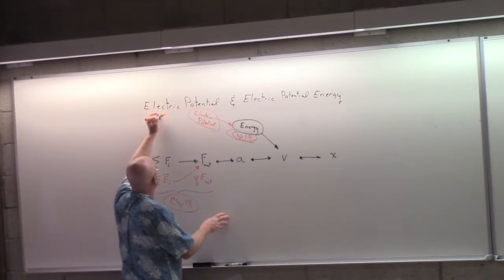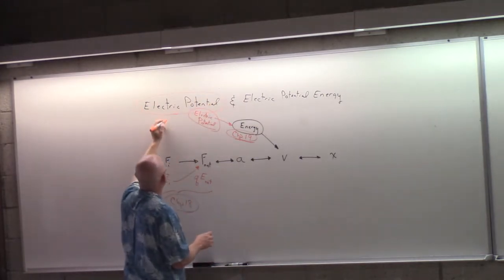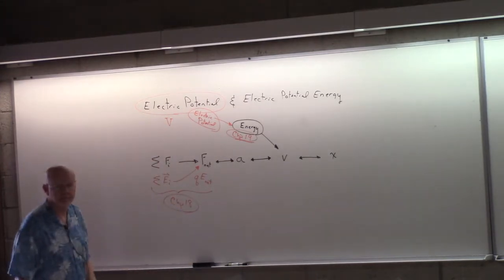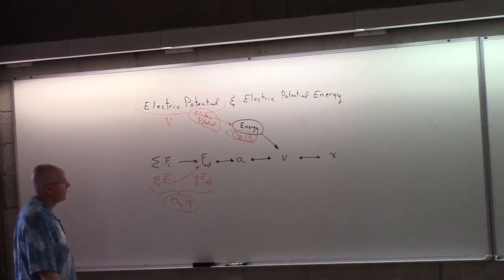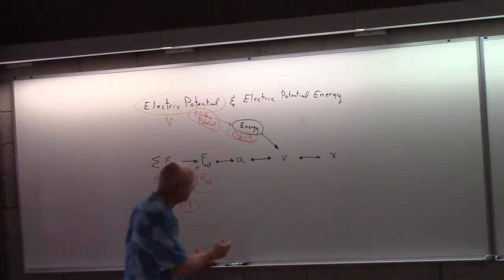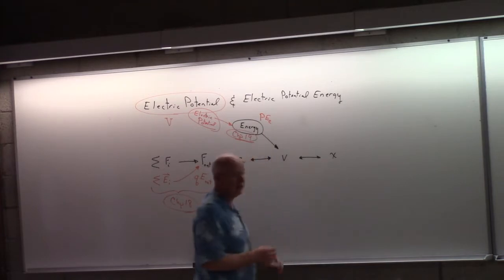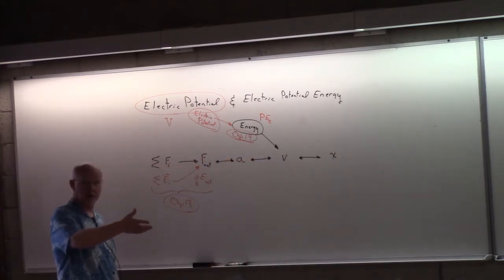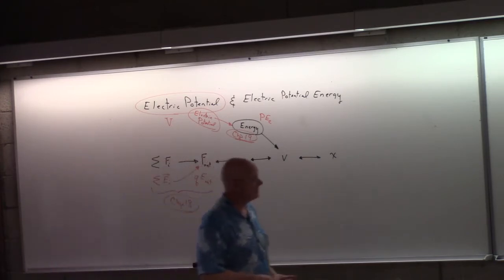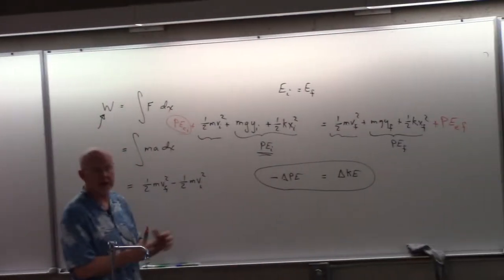So for this symbol right here, electric potential, let's call this capital V. And for electric potential energy, well, let's just call it PE with a little sub E for electric potential energy. And of course that symbol I guess I've already started to use right here as I was introducing what we're doing today.